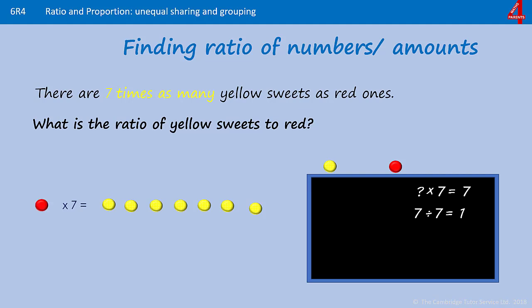That must mean there's 1 red sweet for every 7 yellow ones. Another way of putting this is saying there are 7 times more yellow sweets than red ones. Either way, if you have 7 times more or 7 times as many, the other amount in the ratio is going to be 1. The ratio of yellow to red sweets is 7 to 1.